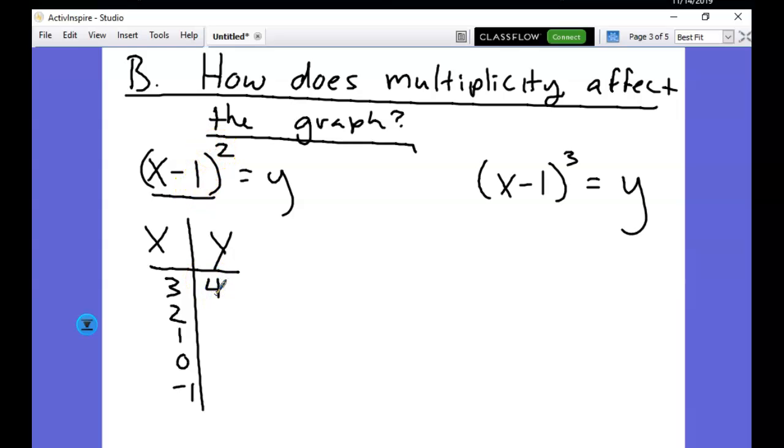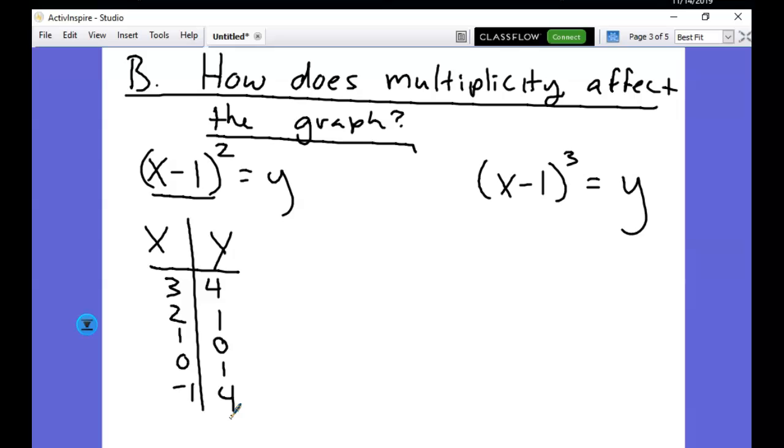We're just going to repeat that process all the way down. I picked them carefully. If I pick the wrong points, you'll miss the point I'm trying to make.